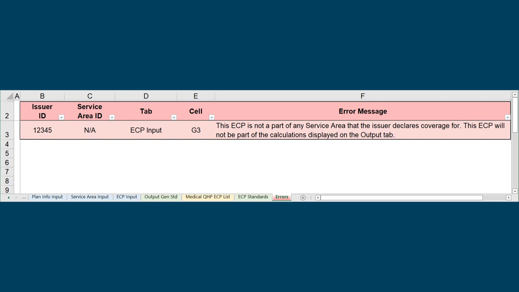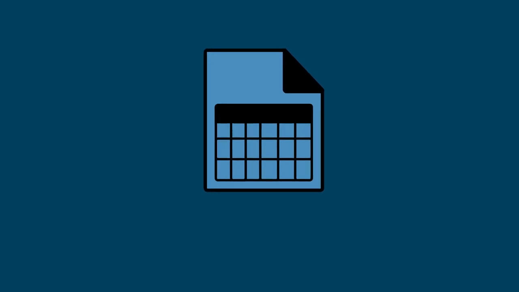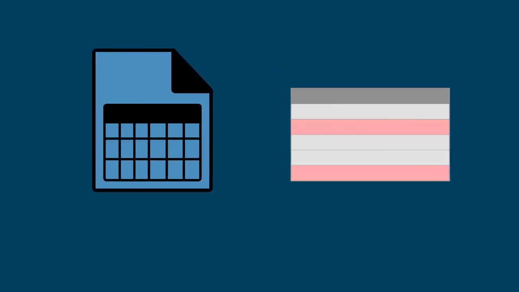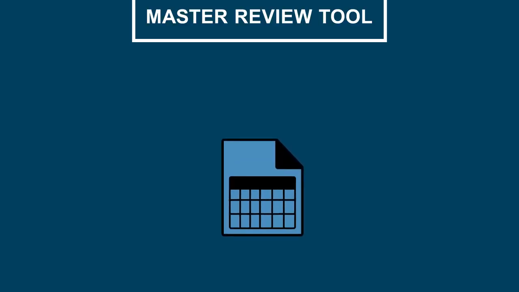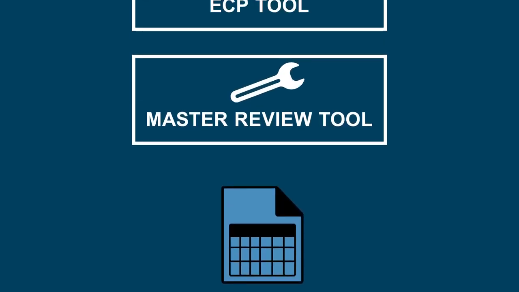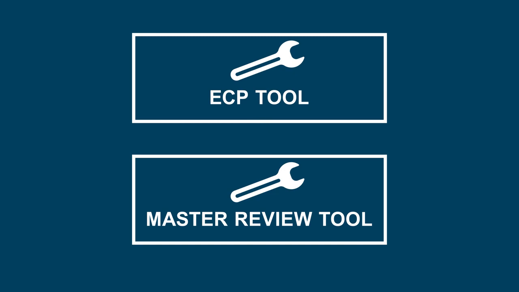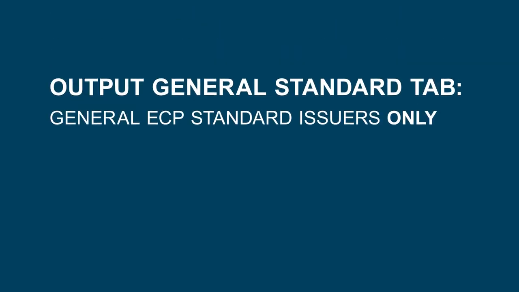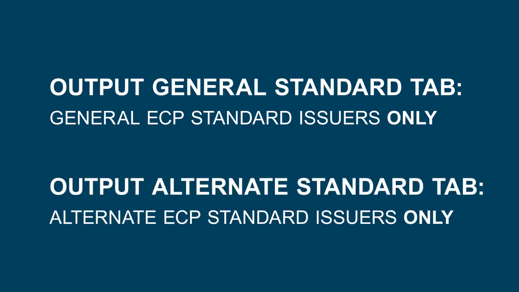If errors prevent the tool from completing its evaluation of the ECP requirements, make any necessary corrections in the appropriate templates, re-import the templates into the Master Review tool, and re-import the Master Review tool into the ECP tool. Once the tool is able to complete evaluation of all plans, refer to either of the following tabs: the Output General Standard for general ECP standard issuers, or Output Alternate Standard for alternate ECP standard issuers.